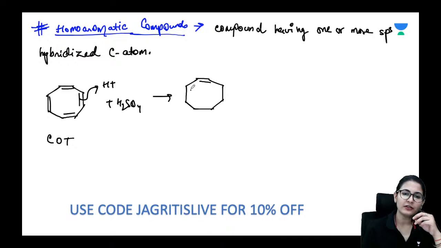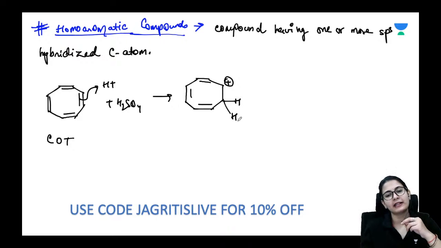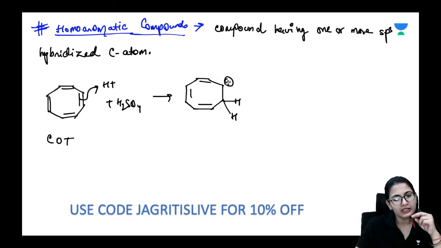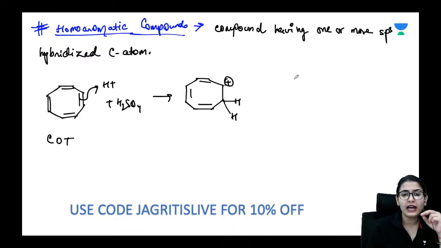I'm writing normally over here. What happens is one of the carbons is going to get the proton, attacking from the pi electron density, and one of the carbons has a positive charge. So how is the molecule going to be written, guys? Look, the molecule will be written a little like this now.